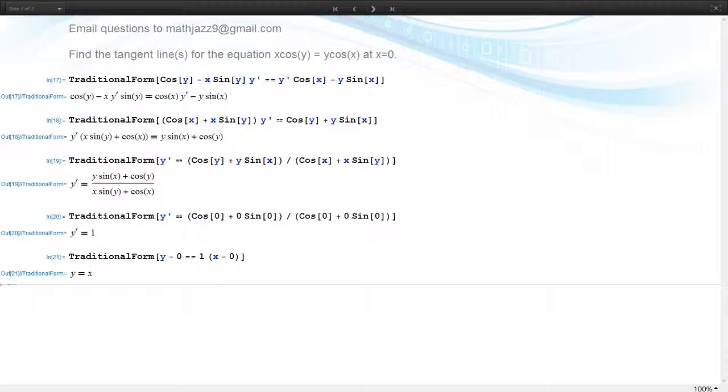So y equals x is the function that goes through the point 0, 0 and has a slope of 1. And for interest's sake, let's plot this. So we will do, let's see.